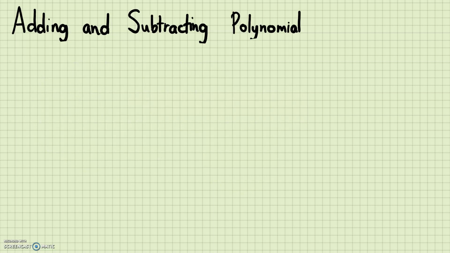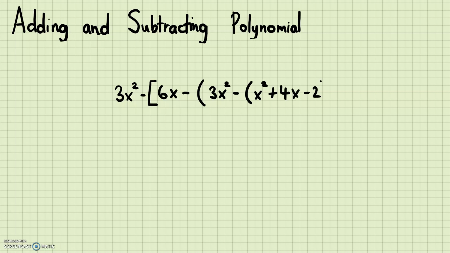So the question is this: 3x squared minus 6x minus, open brackets, 3x squared minus, x squared plus 4x minus 2, minus 6, close brackets. Let me actually use a different pair of braces here because we have the parentheses inside.